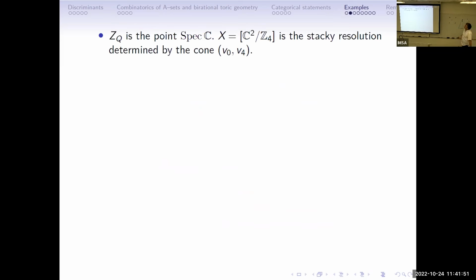But the point is that this base category corresponding to the idea is that we'll have this very complicated component corresponding to Q, and along this component, the category in this case is just dB of a point.